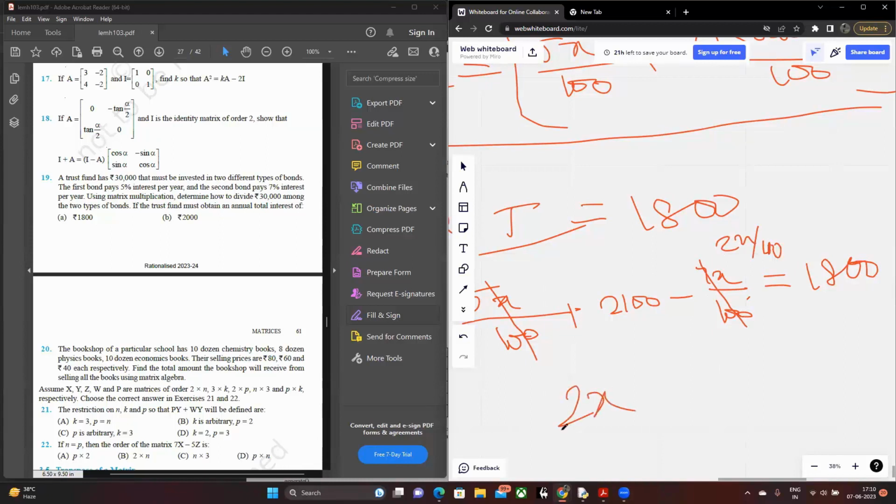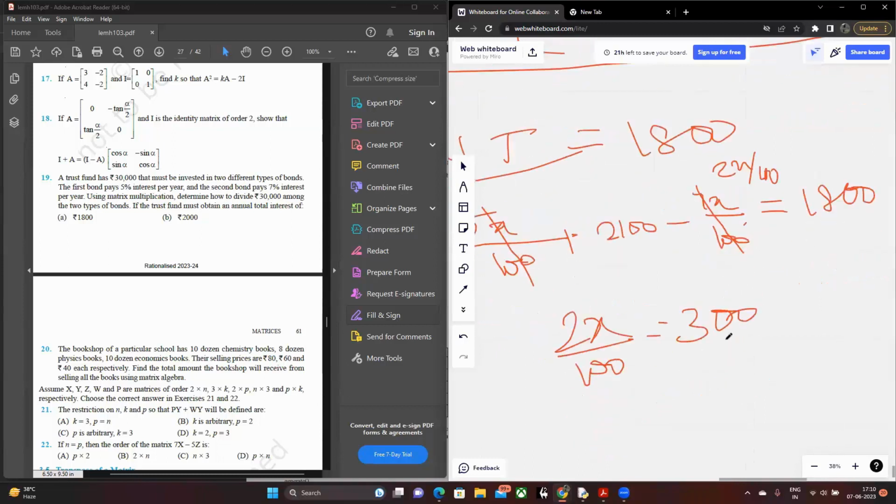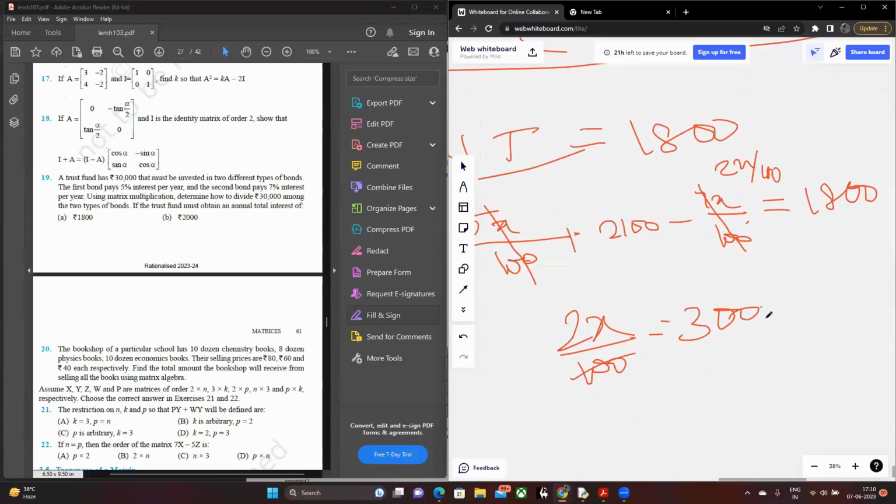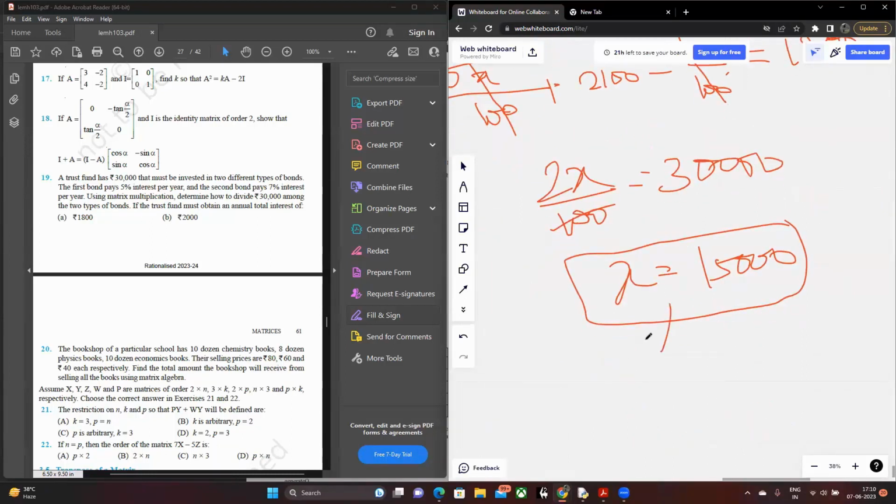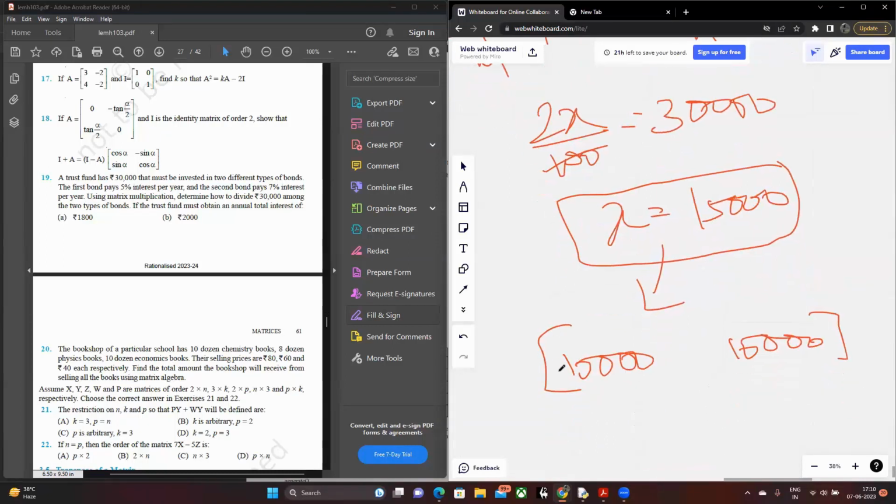It says that 2x by 100 is equal to 300. Therefore, 2x is 30,000 or x is 15,000. Therefore, to get an interest of 1,800 rupees, you will have to invest 15,000 rupees in type 1 and 15,000 rupees in type 2.